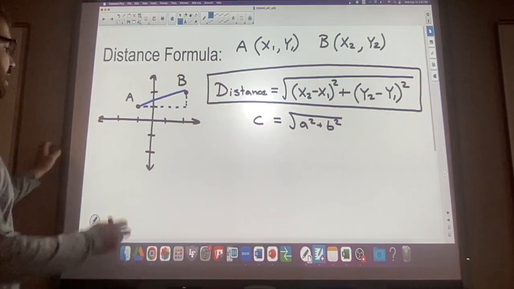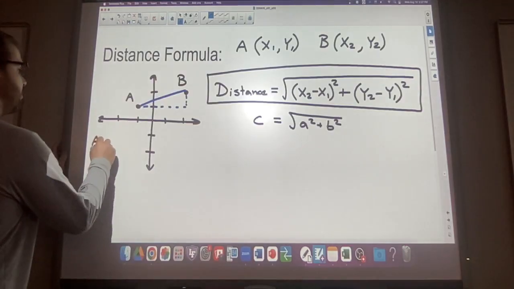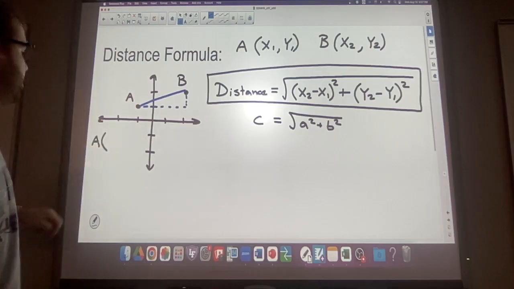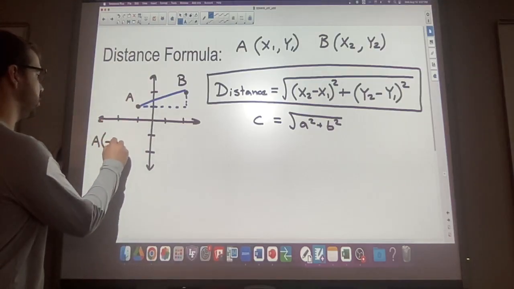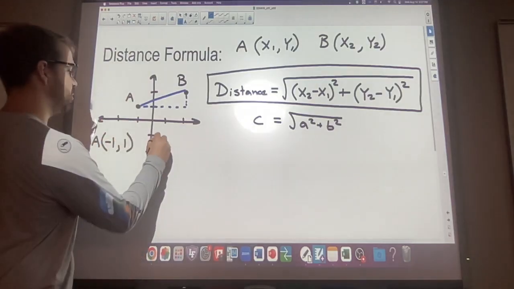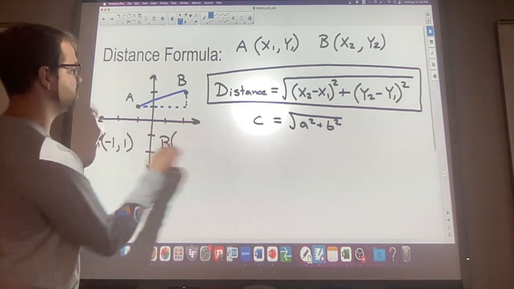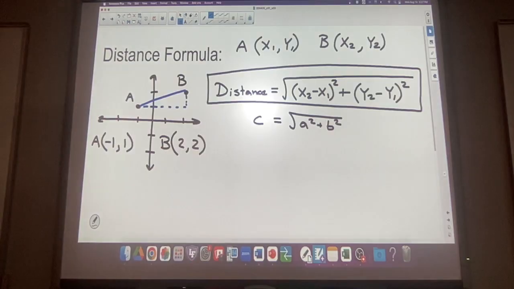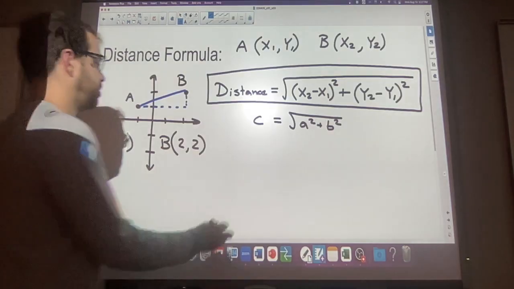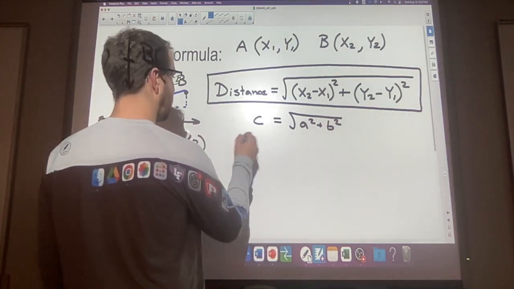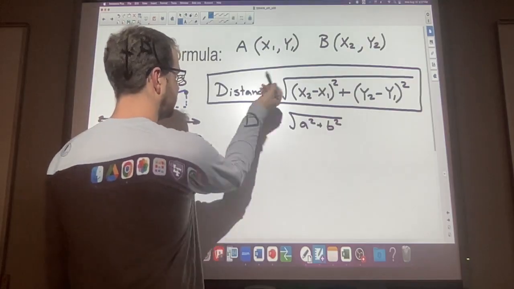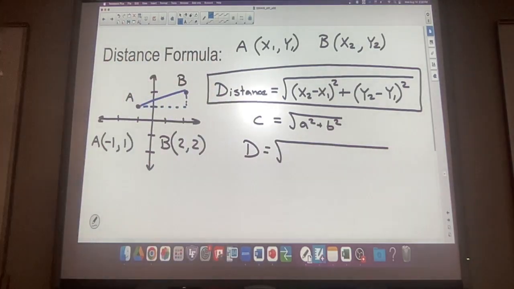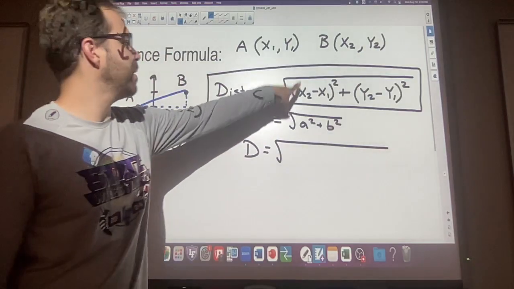Based on my picture, a is (-1, 1), and b is (2, 2). Let's plug it into our distance formula, which I abbreviate as d for distance. We take the square root of x2 minus x1.